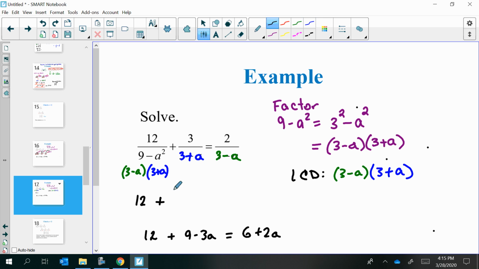So I can just rewrite this that way. And for the 2 over 3 minus a, I know that the green factor 3 minus a is going to cancel out, but the 3 plus a, the blue factor, will still be remaining.